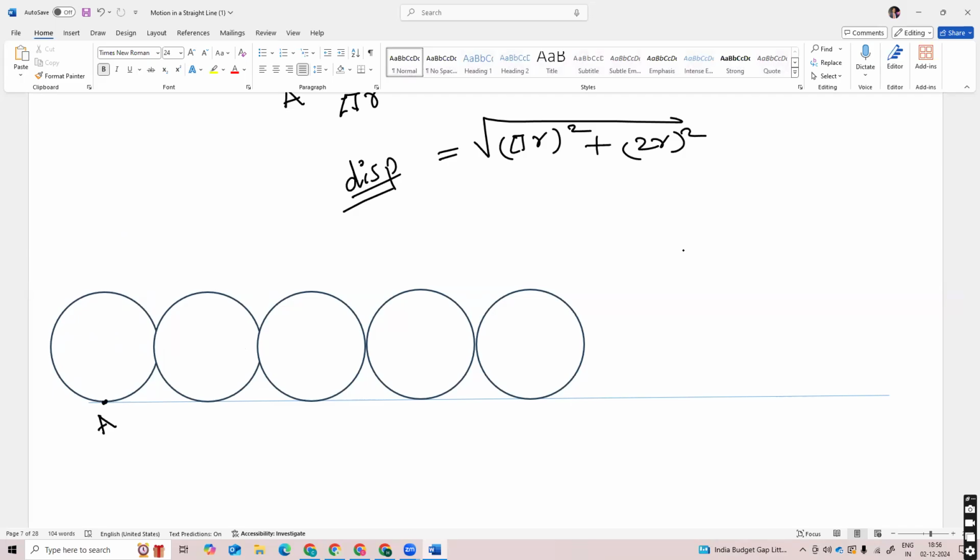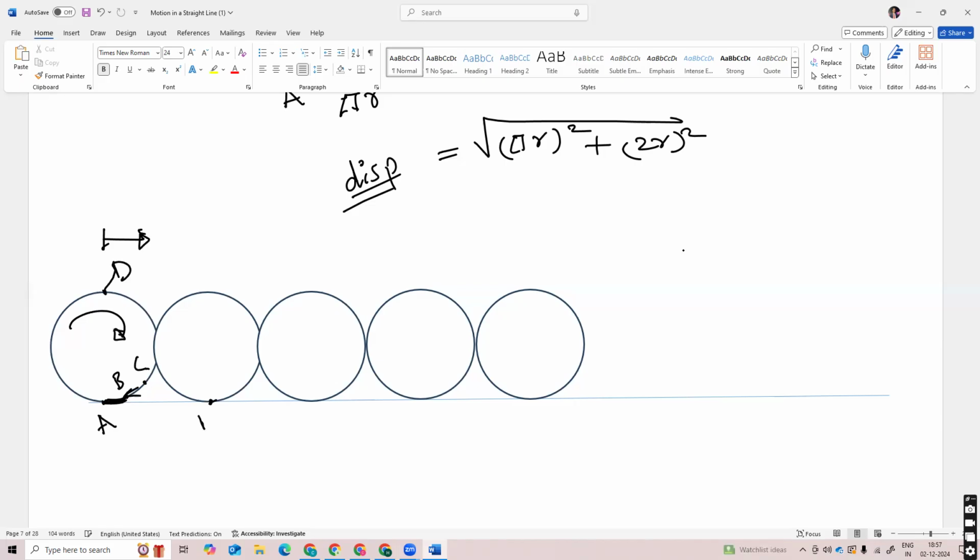Let's say we have one more point here, point B, and one more point here, point C. When this wheel travels this much distance from point A to point B, since it is moving anti-clockwise, across this perimeter, and let's say there is one more point here, point D.